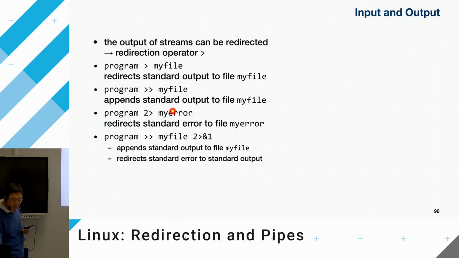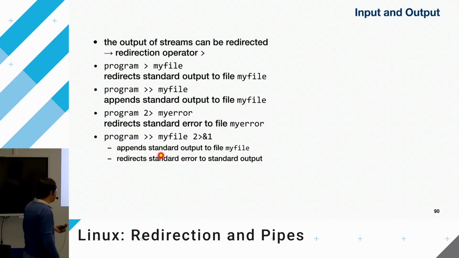And you can redirect both standard error and standard output by using this slightly lengthy command. So this command means first you redirect the standard output to this file by using this append operator, just a double greater than, and then redirect the standard error to the standard output by using this 2 greater than ampersand 1.